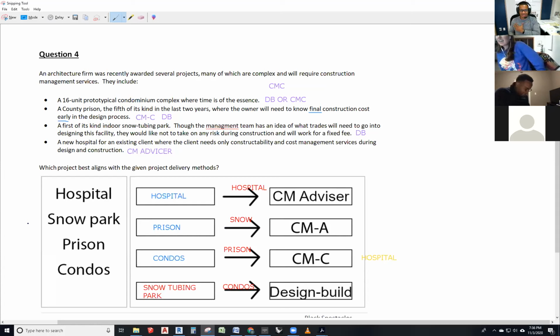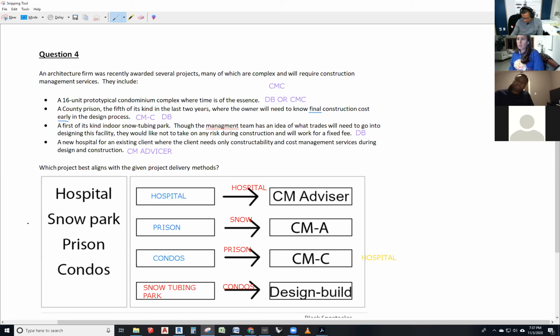I think what sets the snow tubing park apart is when they say the fixed fee, because the advisor will give them a fixed fee. I think that's what the answer said. Wait, did I get that right? Yeah, you got it right. The CMA, sorry, not advisor, the CMA.